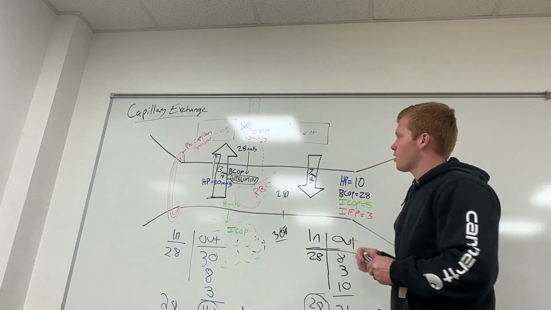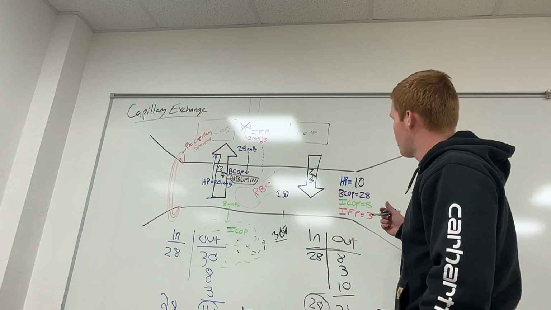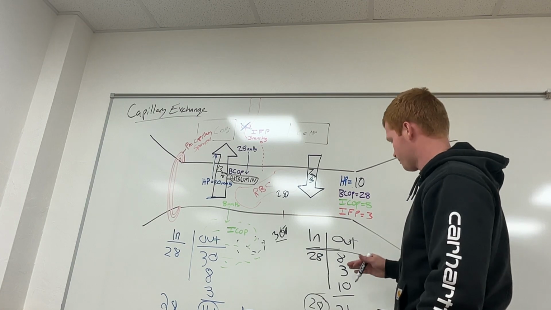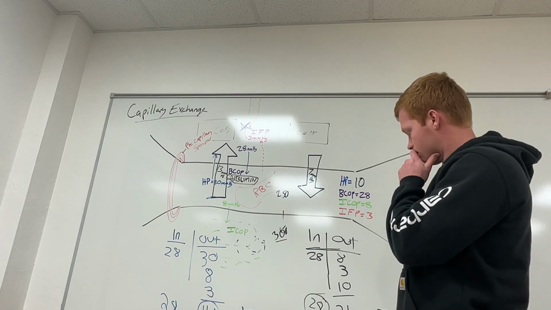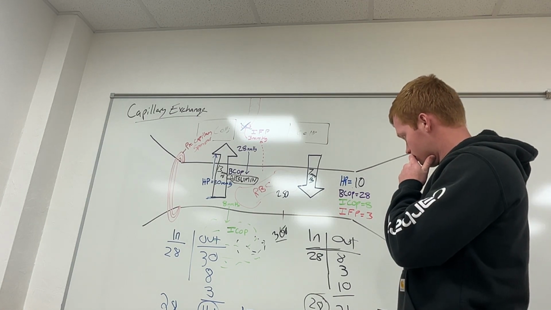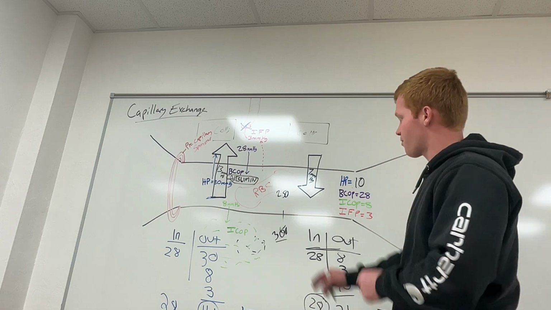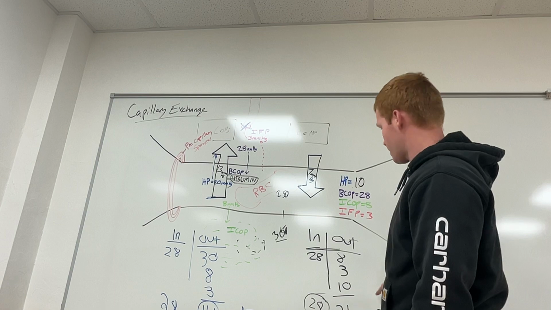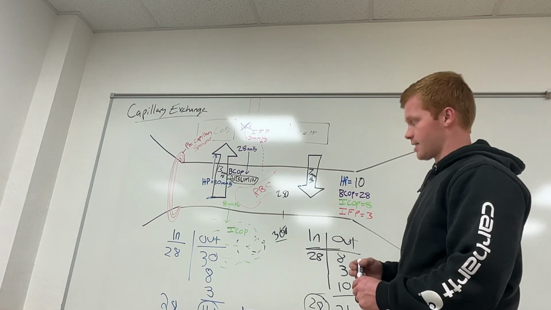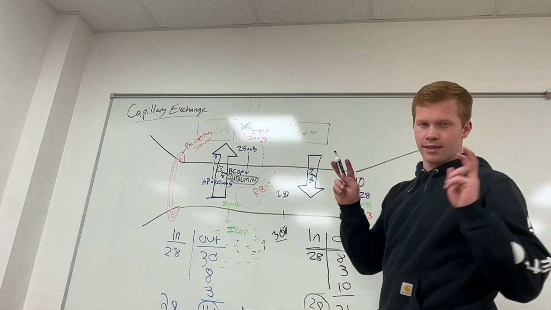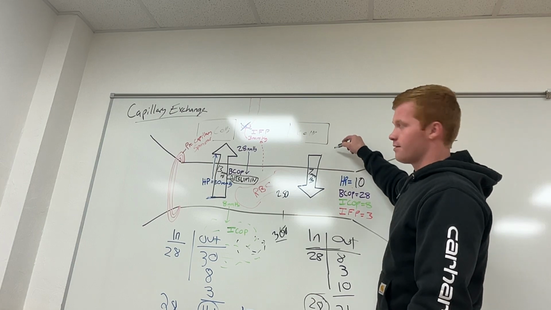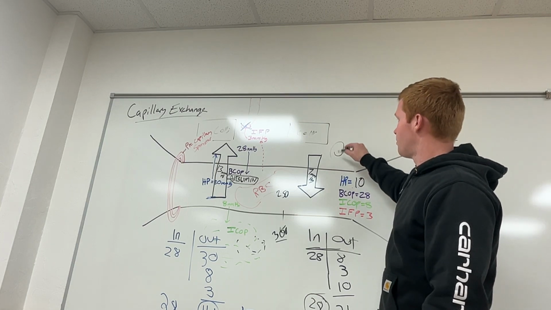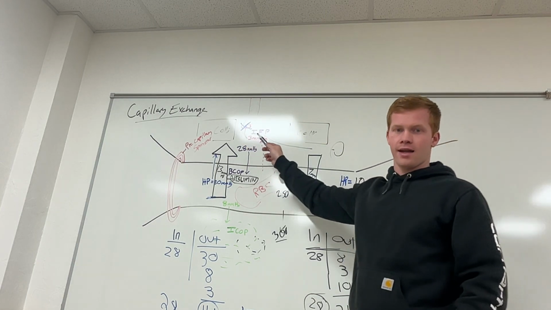There's another cool thing too. I remember, I think it was in class, we talked about how I think it's because we have 13 millimeters of mercury going out, 7 going in. That creates a difference of like 6, and I think that is made up by the lymphatic vessels.